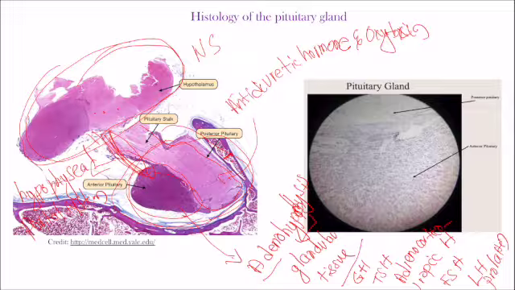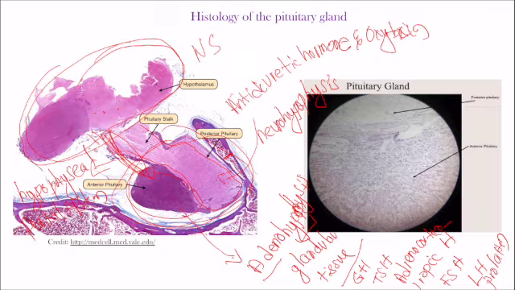Then if you look at the posterior pituitary, another name we call it is neurohypophysis, because it has nerve cells. Neuro, hypo, this is neural tissue.